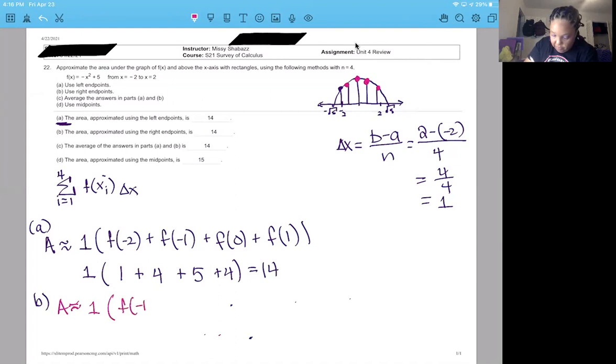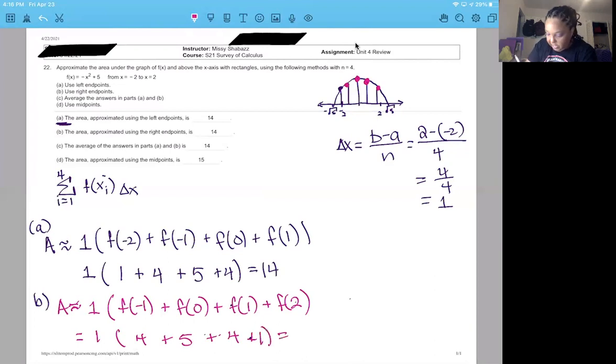F of -1 plus f of 0 plus f of 1 plus f of 2, which gives me 4 plus 5 plus 4 plus, if I plug in 2, again, I get 1, which again gives me 14. They said average the answers in part A and B. Well, since they're both 14, then the average is going to be 14.